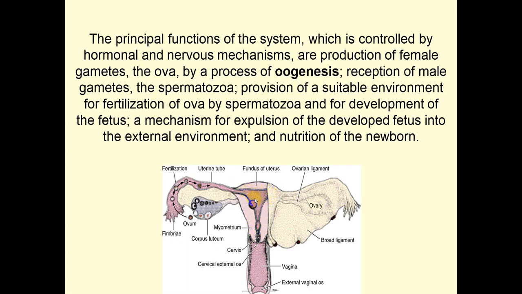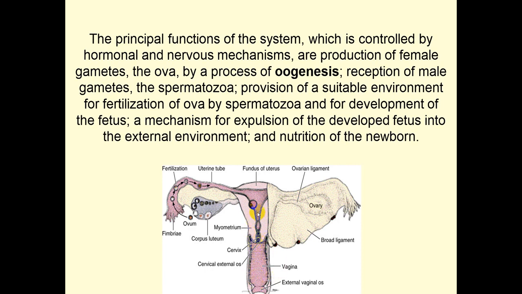You see the uterus, it is the organ responsible for the nutrition of the first embryo, then fetus. The uterus has an opening, the cervix, and then it is attached to the vagina.